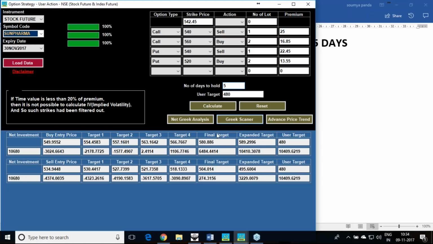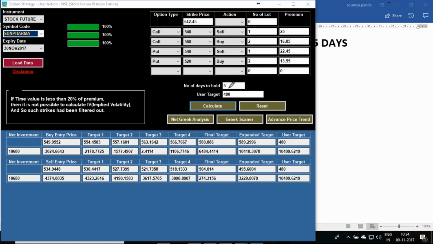I have just analyzed it here. If we calculate this profit and loss liability, you will find that at the 480 or 488 level, it will have a net profit of 10,409 or 10,500. If it goes to the 600 level, its profitability will be at the 16,000 level.